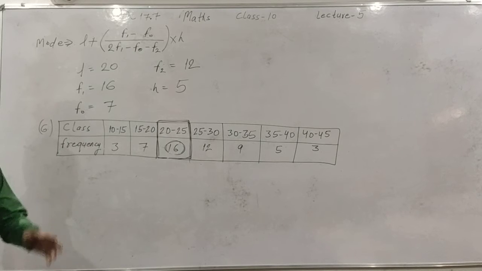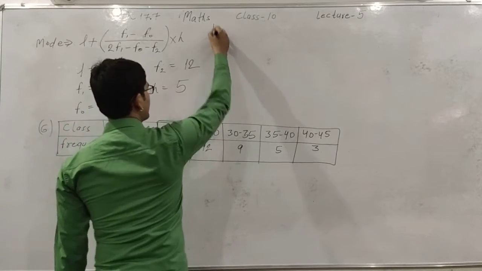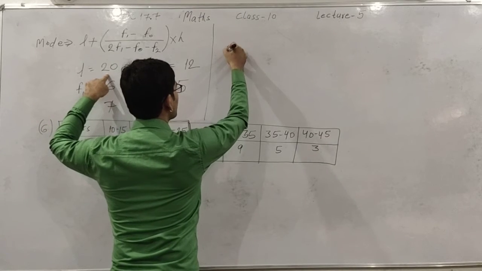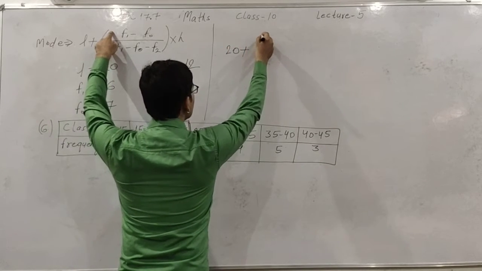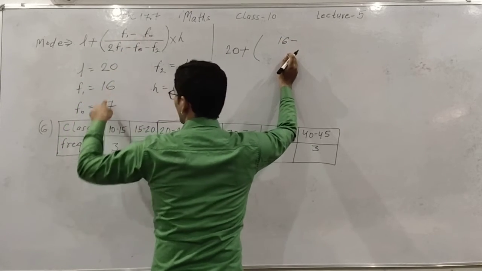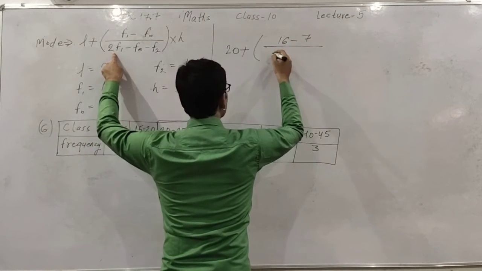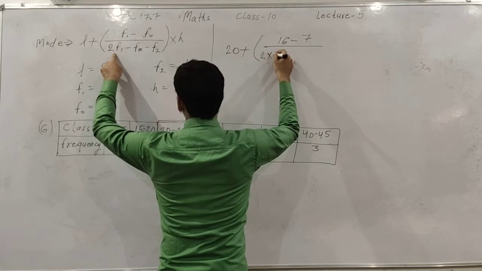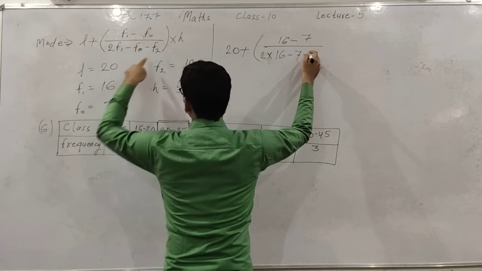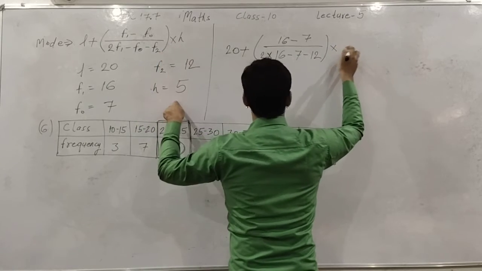Now a very easy step. Put the values in the formula and then the calculation part is remaining. So we are solving it here. Firstly, L is 20. 20 plus F1, which is 16, minus F0, which is 7, upon 2 into F1, which is 16, minus F0, 7, minus F2, 12, multiplied by H, 5.